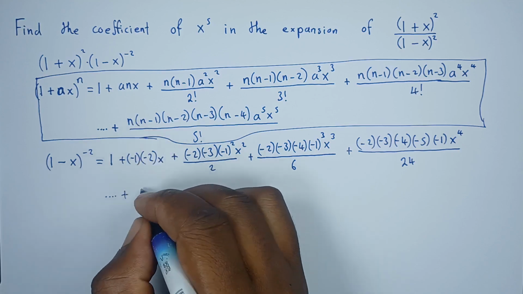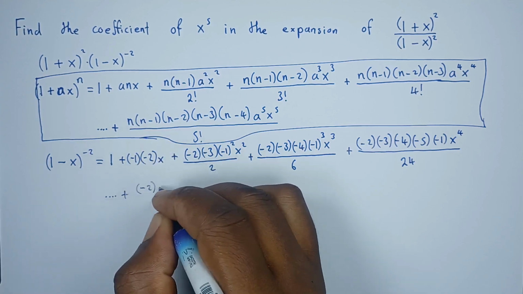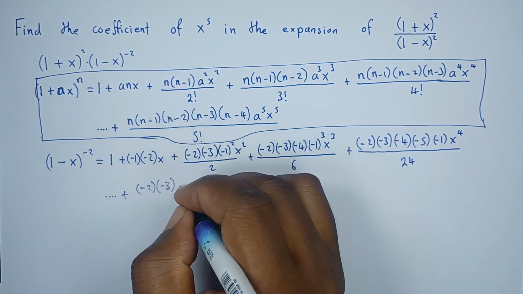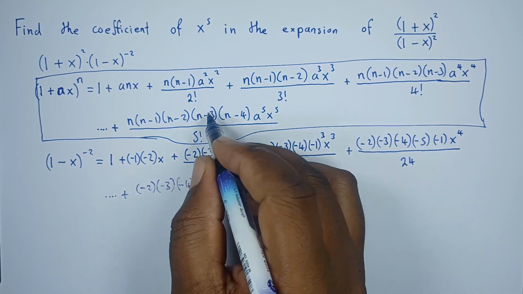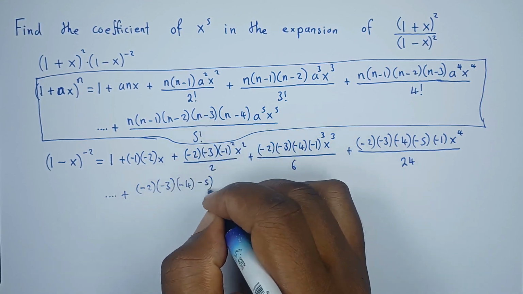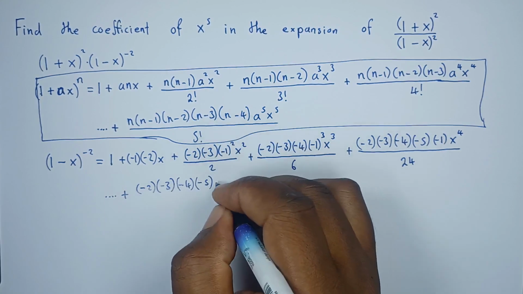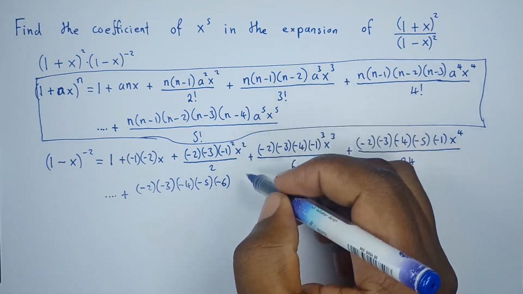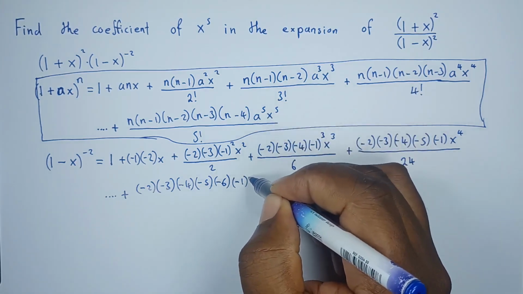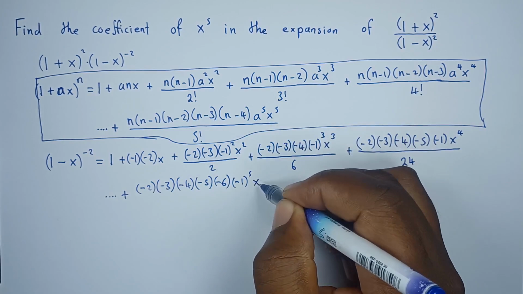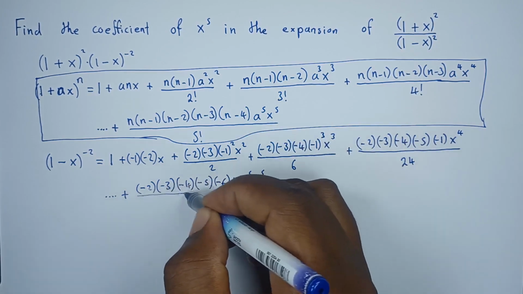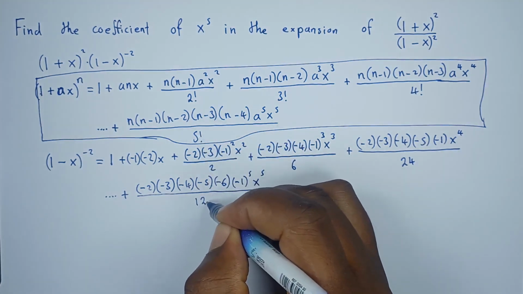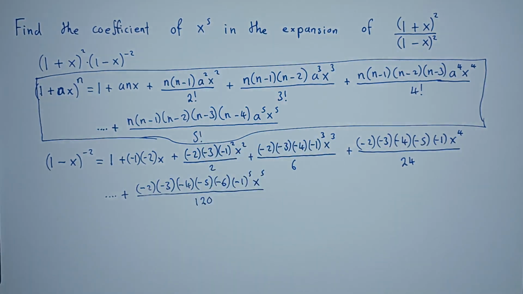So n, as usual, -2. Put n here, -3. Put n here, -4. Put n here, -5. Put n here, -6. Now here, where there's a, it is -1 raised to the power 5, x to the power 5. All this is over 5 factorial, which is 120.